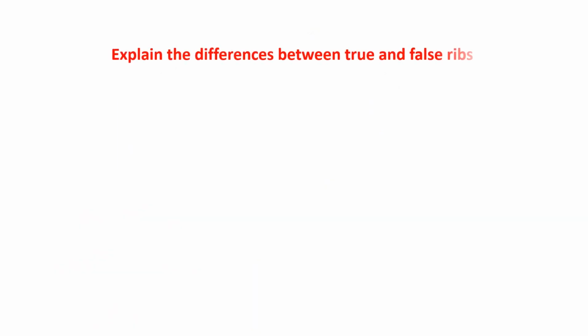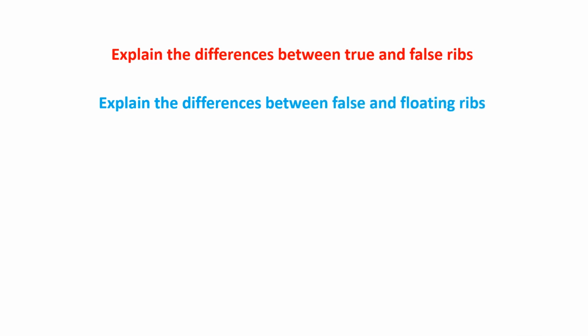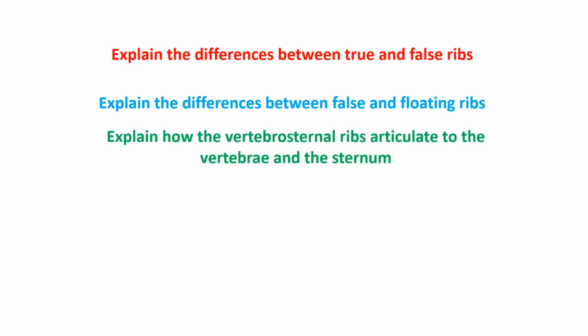Look into these questions. Explain the differences between true and false ribs. This is something you should know by now. Explain differences between false and floating ribs. How the vertebro-sternal ribs articulate to the vertebral column and the sternum.